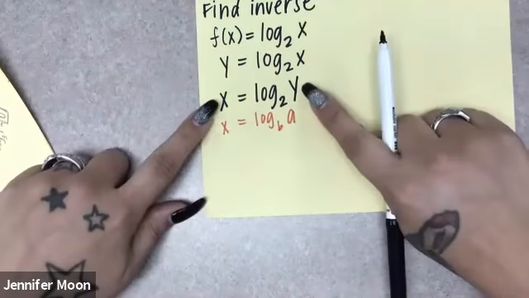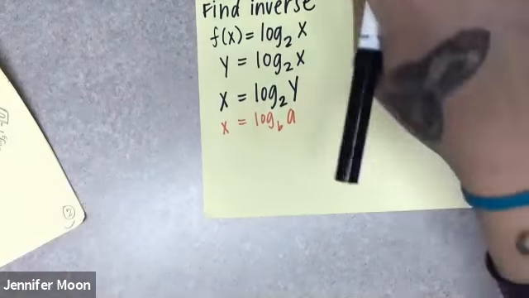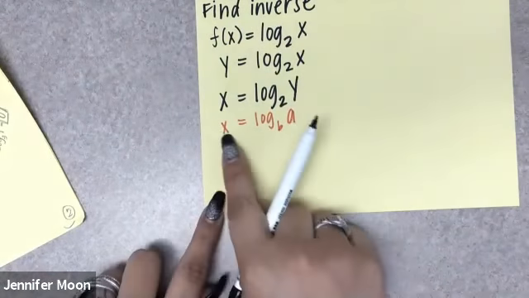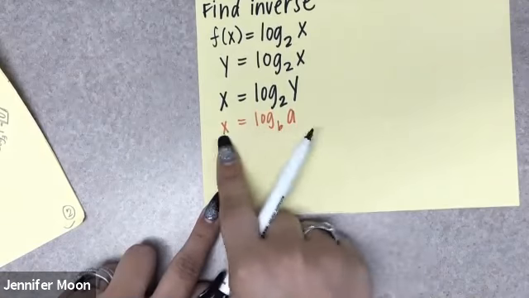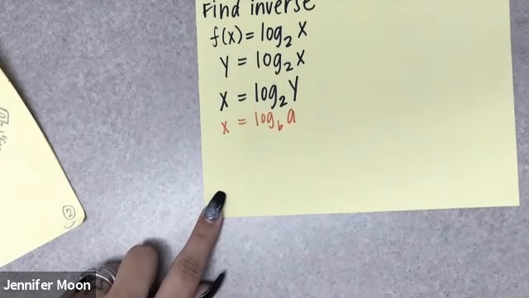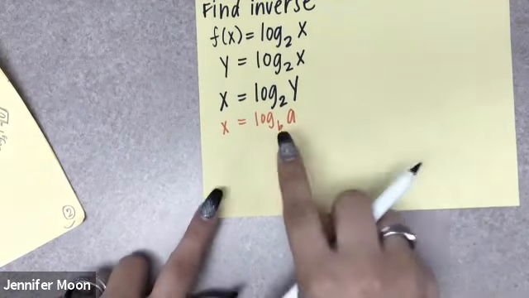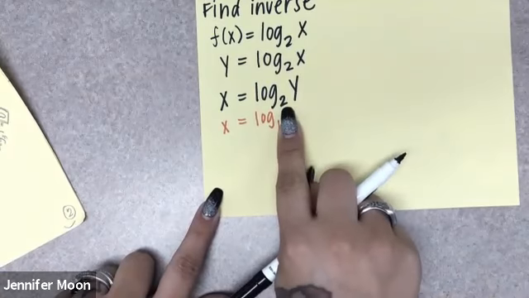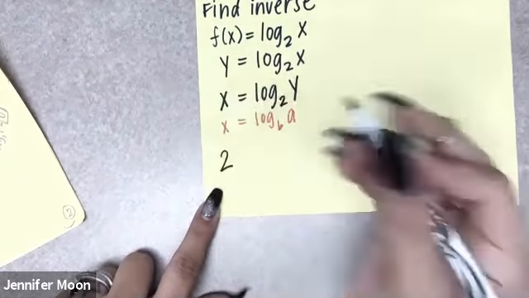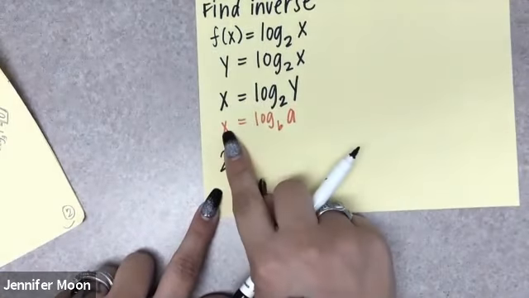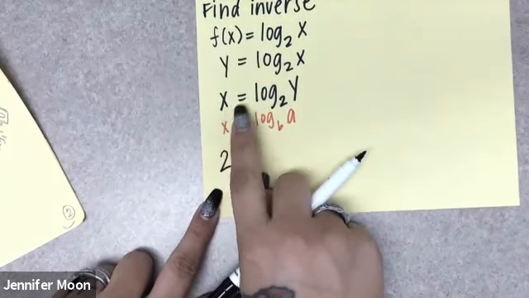I get here, I'm trying to solve for the inverse. I know that the exponential function is the inverse. I know this is the general logarithmic form. Now I'm going to write the inverse, which would be b to the x equals a, right? That's the inverse. So b here is 2, and then to the x, my x is x.